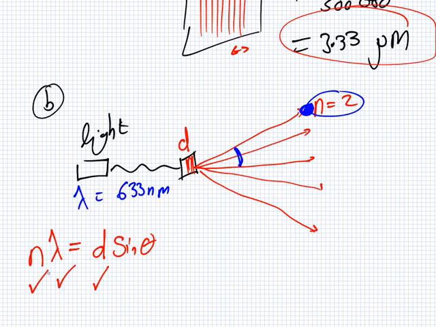3.33 micro. You told me what the d was, though. Why are you asking me? You told me, 2 weeks ago.